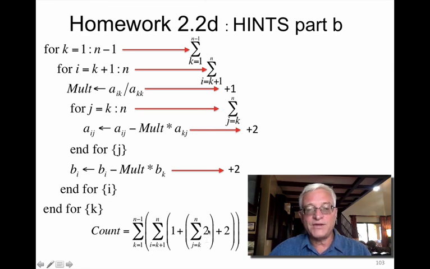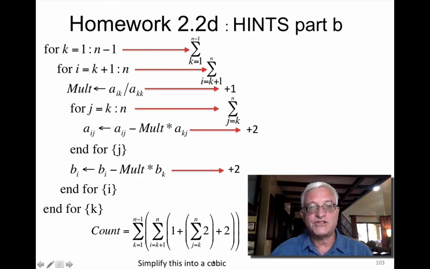So go ahead and evaluate that just like we did before. Take a look at your indices to make sure that you can factor out things that are constants within sums. That'll make it a lot easier, and see what you get. So when you're done with this, this should simplify into a cubic expression. If you don't get a cubic, you've done something wrong. So we'll come back next time and see how we did.